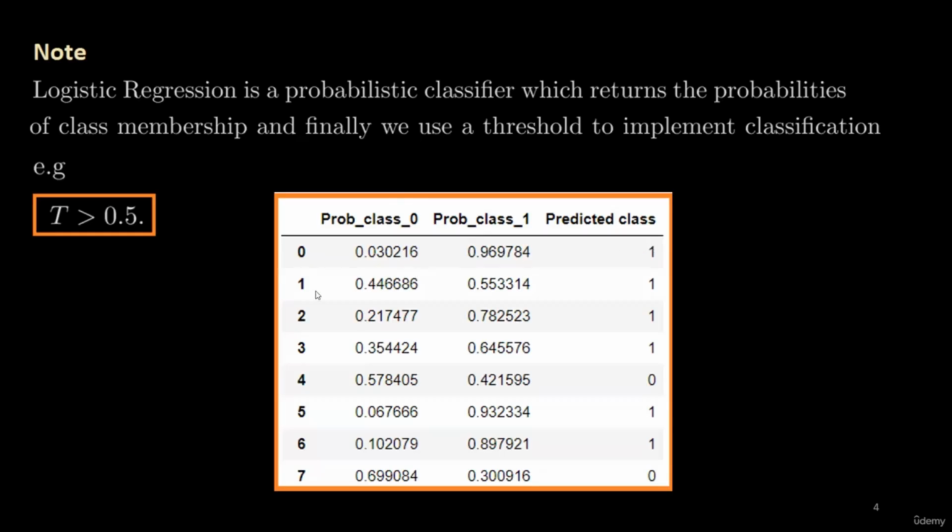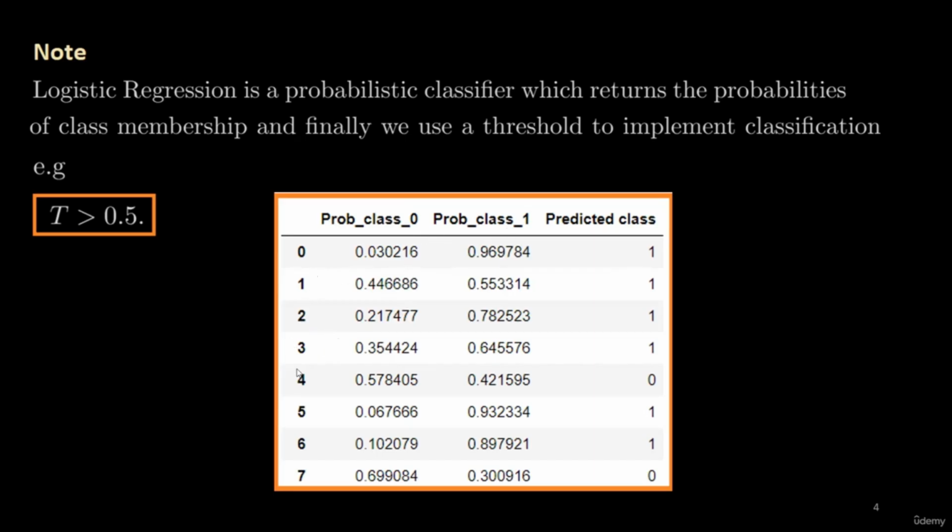Here again, about the second sample, logistic regression is saying that around 45% it is likely to belong to class 0, and around 55% it is likely to belong to class 1. In that case, the probability of class 1 is high, therefore the predicted class is 1. In this way, logistic regression tells us the probability of each sample with respect to the classes.